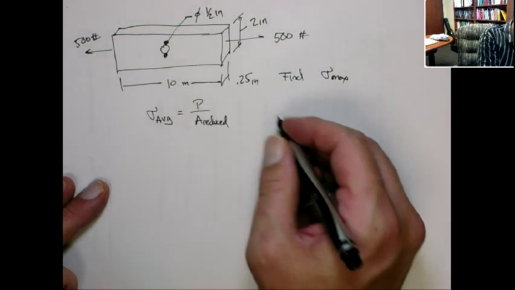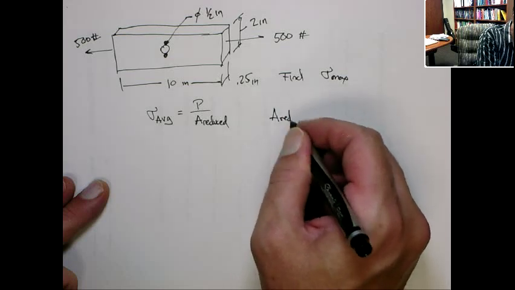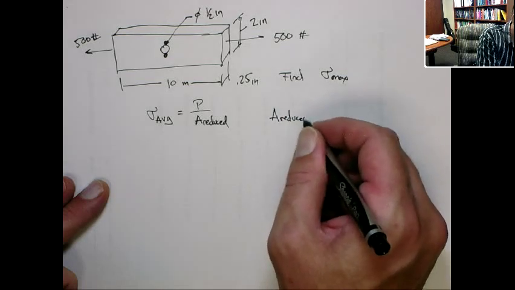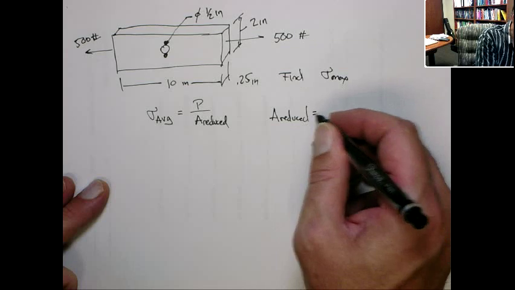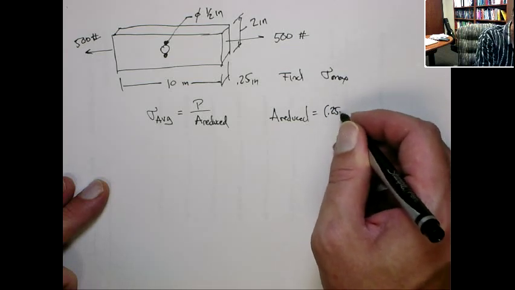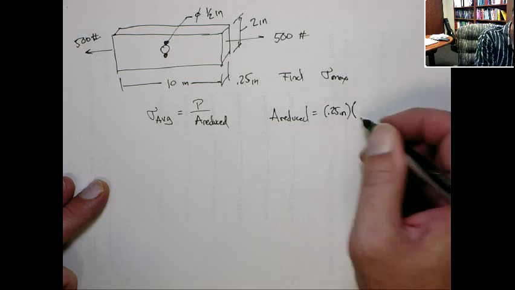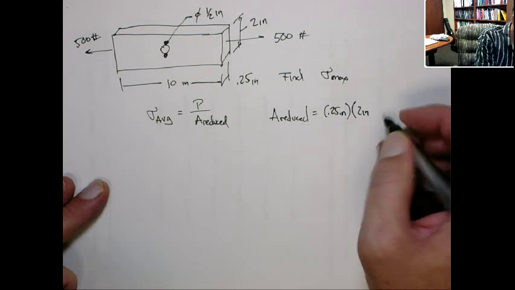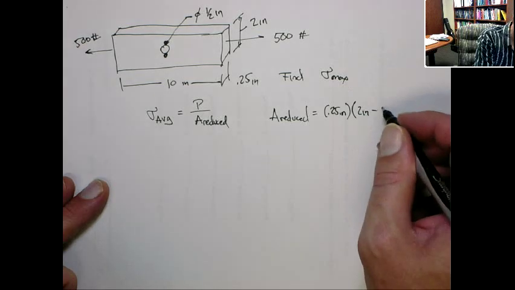And in this case, the reduced area is that area minus the hole. So that's going to be 1/4 of an inch times 2 inches minus the diameter, which is 1/2 of an inch.